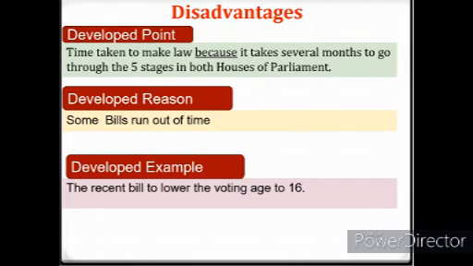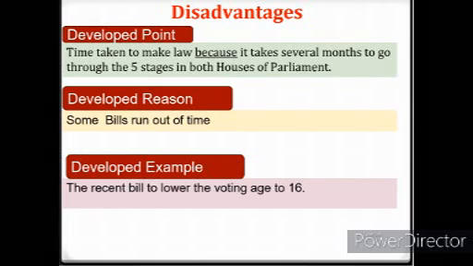A good example of a bill that ran out of time was the bill put forward a few years ago to lower the voting age to 16 years. You might well be aware that this is often put forward as a really big argument to involve younger people in the democratic process.